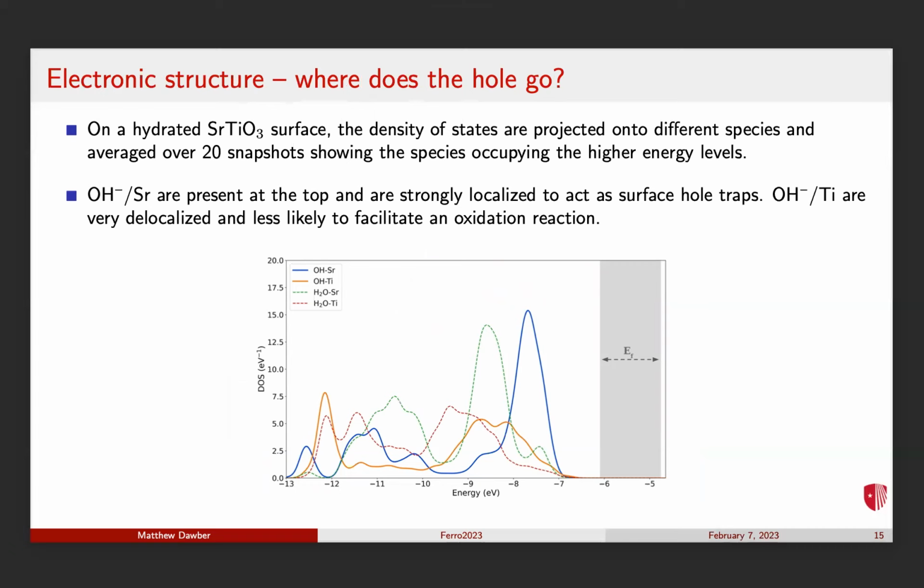On the other hand, the OH minus Ti ones, which are these brown ones here, are very delocalized, and they're less likely to facilitate an oxygen reaction. So based on this, it looks like the sites that would be most effective in facilitating this reaction, based on where the hole coming from this reaction will be, is the strontium oxide.